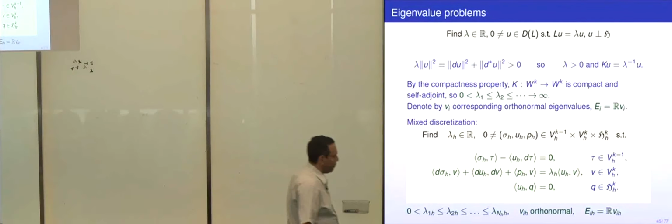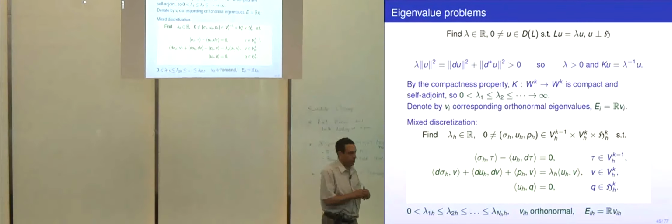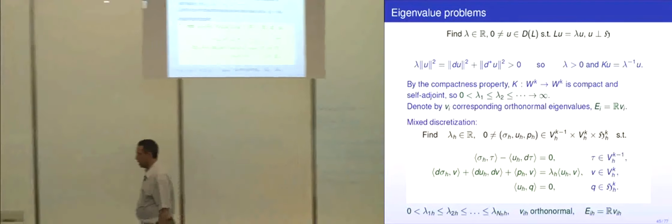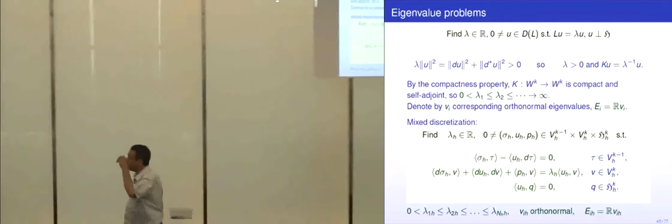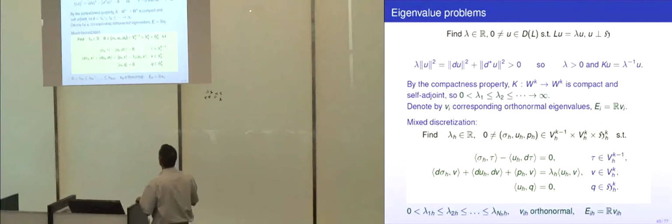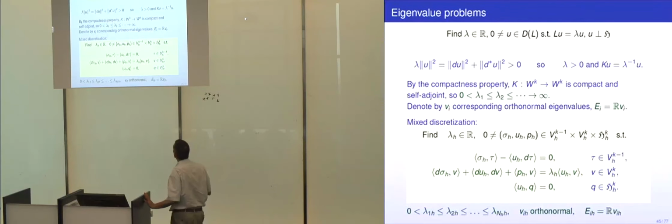So whenever you have a PDE Lu equals f, you can also ask about the eigenvalue problem, Lu equals lambda u, and try to compute the eigenvalues and the eigenfunctions. So the eigenvalue problem for the abstract Hodge-Laplacian is we're trying to find an eigenvalue lambda and a non-zero eigenvector u in the domain of L such that Lu is lambda u.